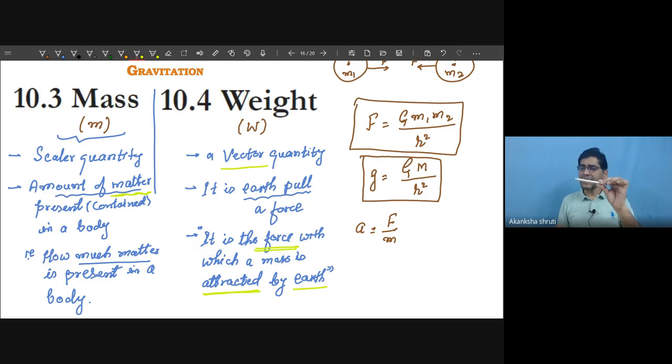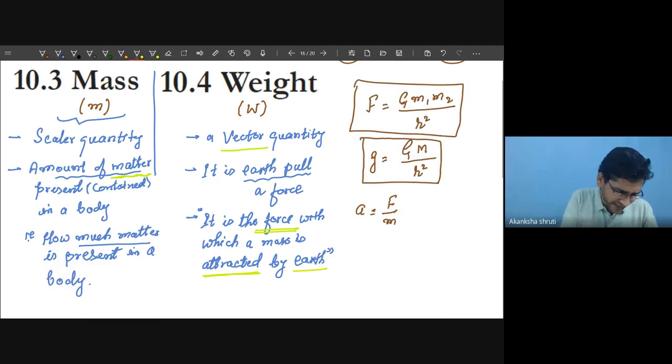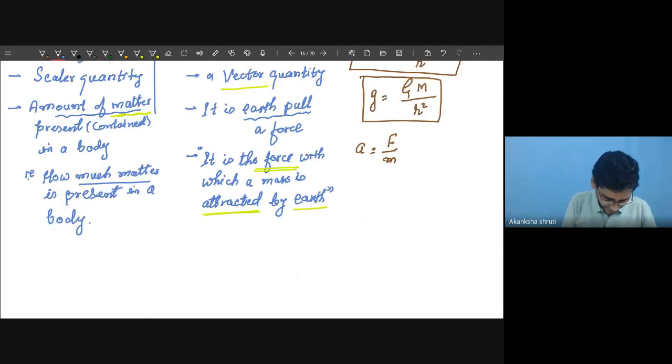If there is any matter, then mass cannot be zero. So whatever matter you are considering, it must have some mass. That was the definition of matter. So mass can never be zero.